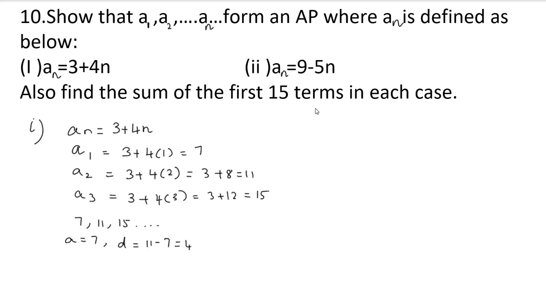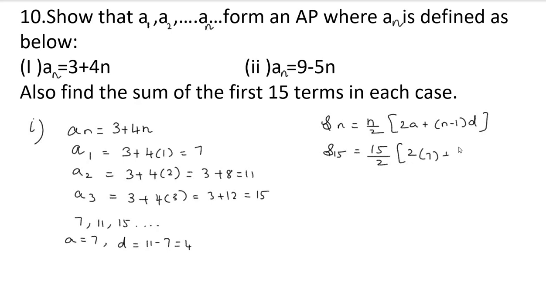Now they ask us to find the sum of the first 15 terms. So it means S15 we have to find. The Sn formula we know: Sn is equal to n by 2 into 2a plus n minus 1 into d. So S15 is equal to 15 by 2 into 2 times a, where a is the first term, 7, plus 15 minus 1 into d, which is 4.